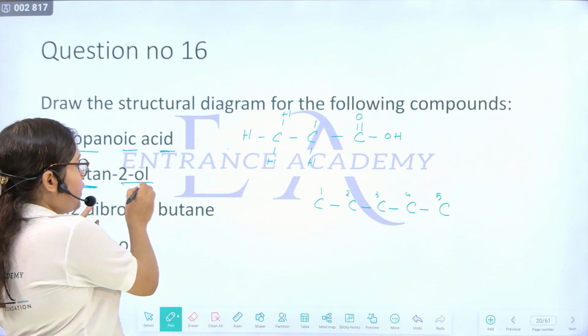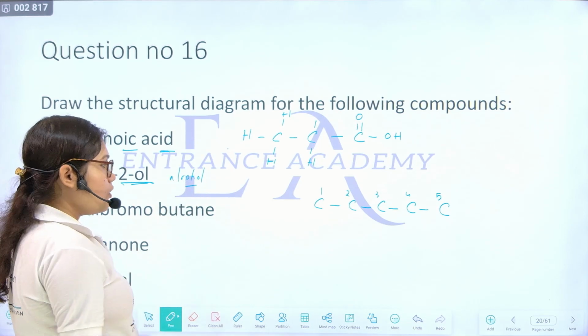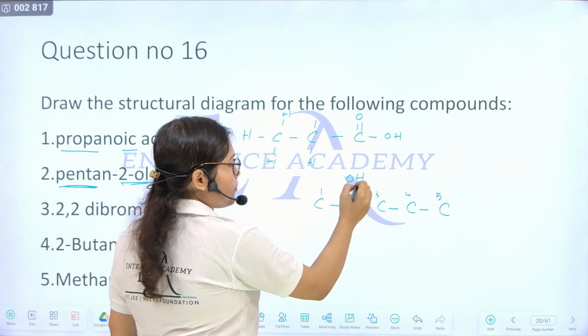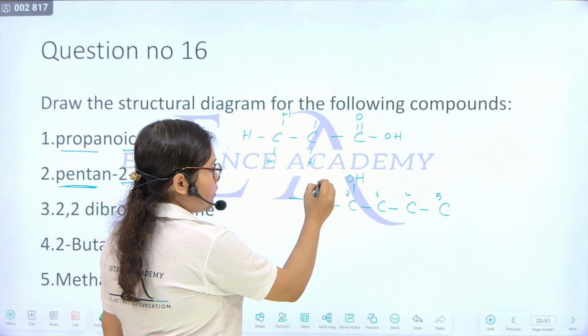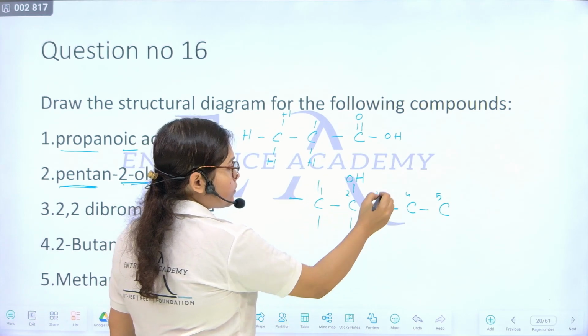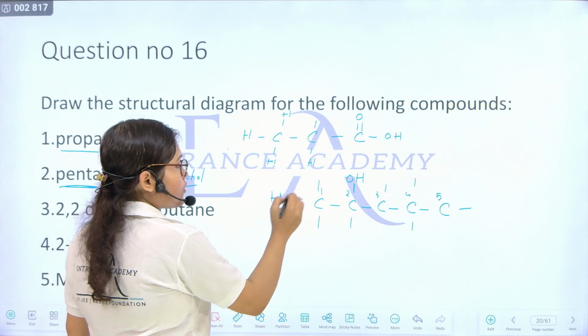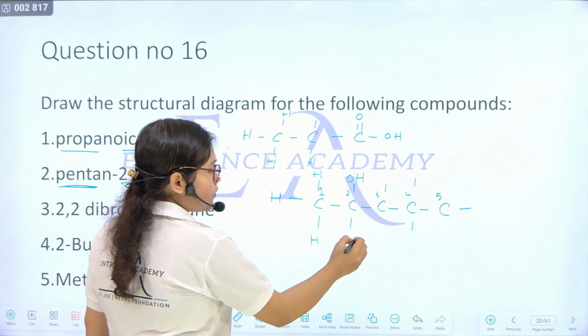Pentanol. So ol is alcohol. Alcohol group. Alcohol present in the position 2. Then rest are hydrogen. This is 1. Please correct it.